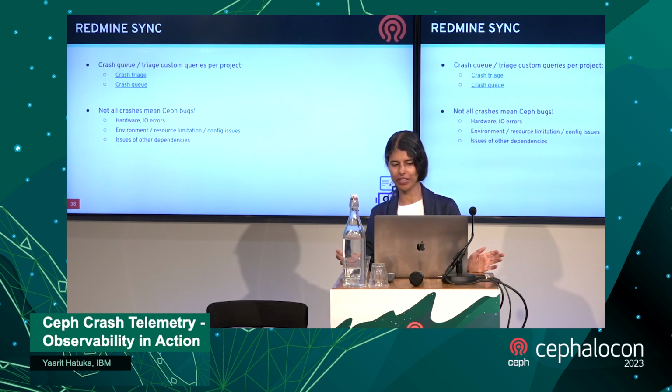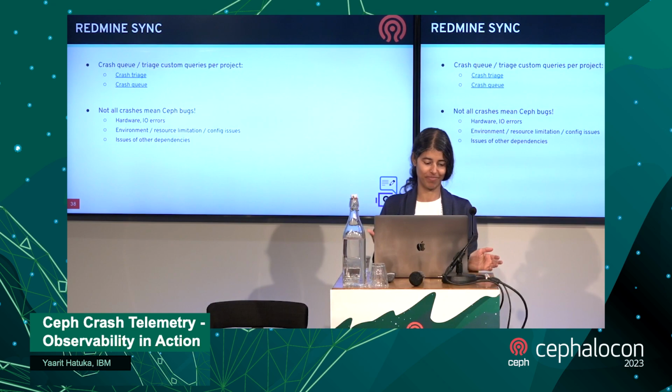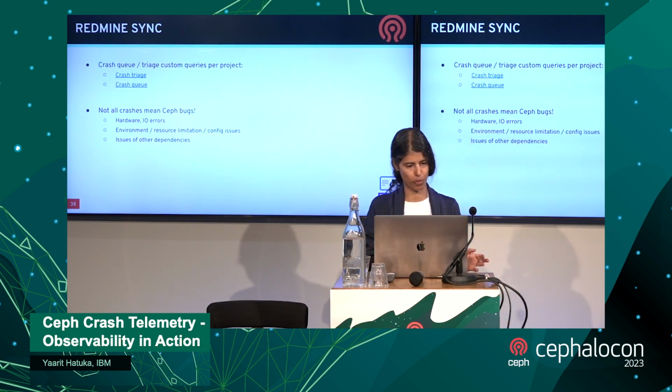It could be hardware issues, errors, and so on. It can also be configuration issues or any environment problems that have nothing to do with Ceph, or just issues with other dependencies that we receive these crash reports for.